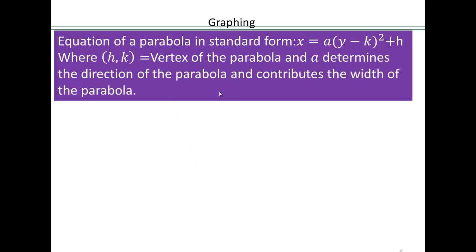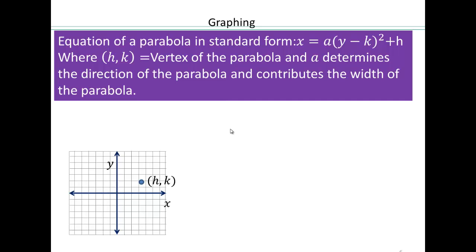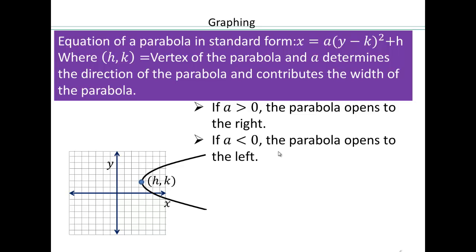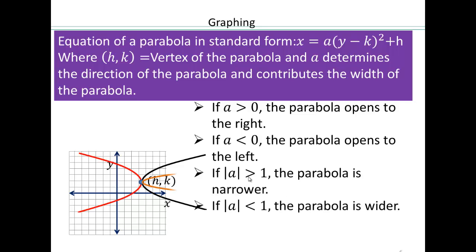a determines the direction and also contributes to the width of the parabola, except this time the parabola opens to the right if a is positive and to the left if a is negative. And then the parabola is narrower if you have absolute value bigger than 1, and wider if absolute value is smaller than 1.